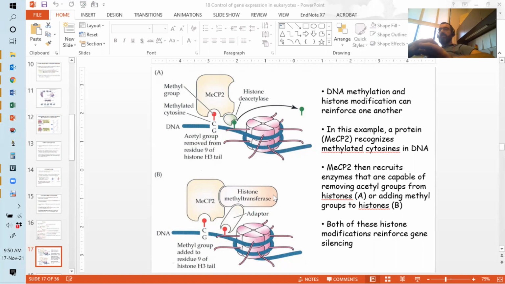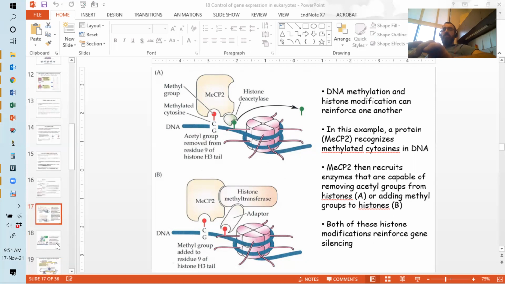This in turn recruits a histone methyltransferase, which adds a methyl group onto that histone. So you can see that one change leads to another, and now you can really shut down gene expression in a particular area of the chromosome. So these can reinforce each other.